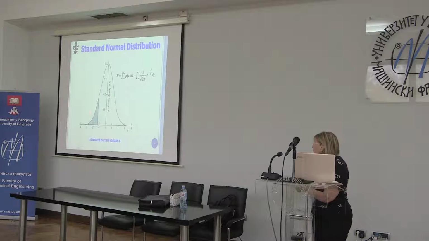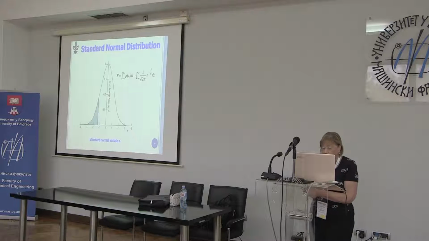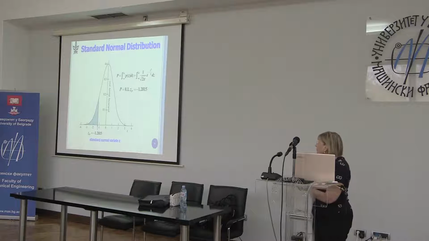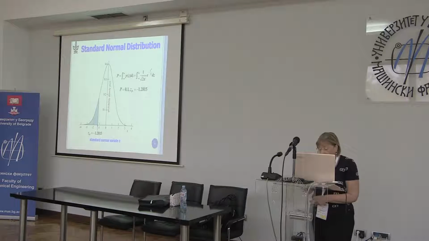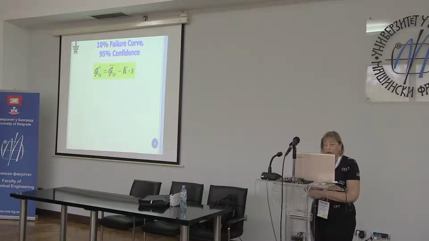ZP is the standard normal variate, and it's tabulated. So for example, if I want to say that the probability of unexpected failure is 10%, then ZP is given. There are tables. You can look up what ZP is. There's no mathematics to do.